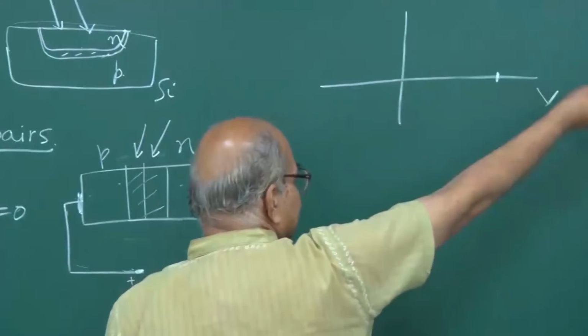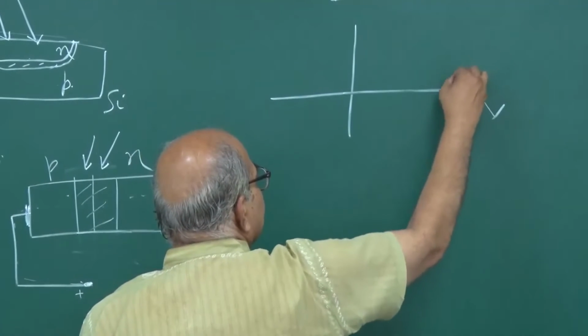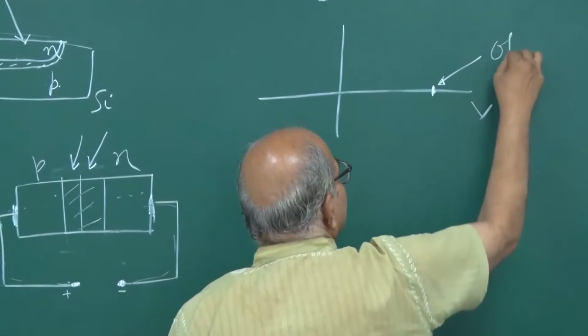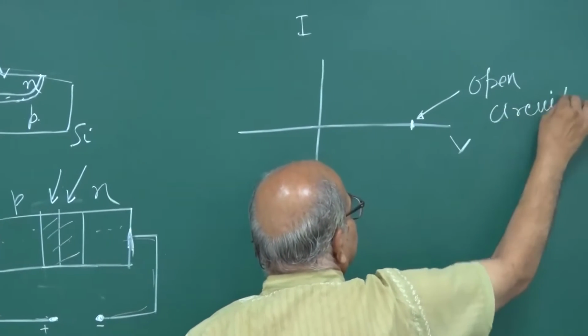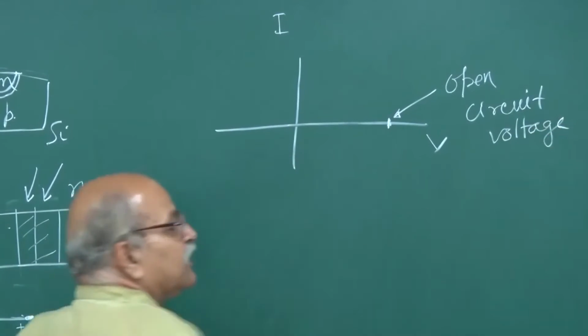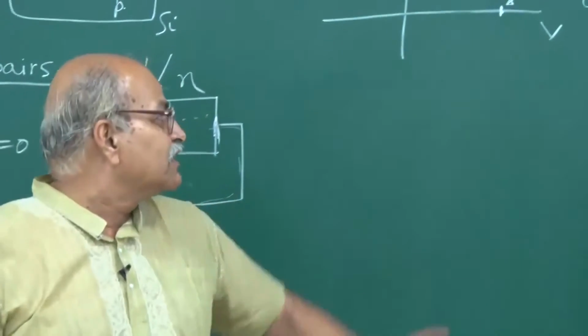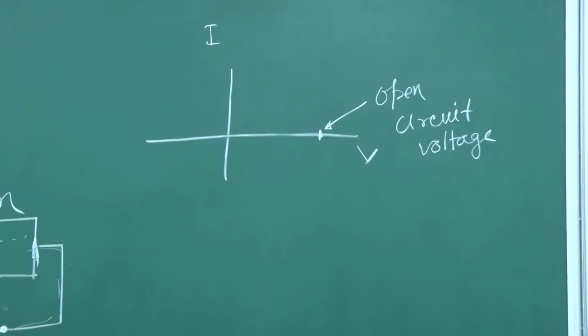So this voltage is known as open circuit voltage. If you take a solar panel and see the specifications, you may find this open circuit voltage.